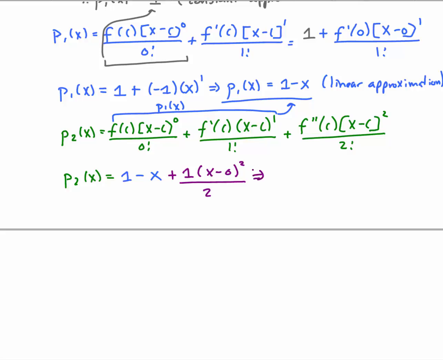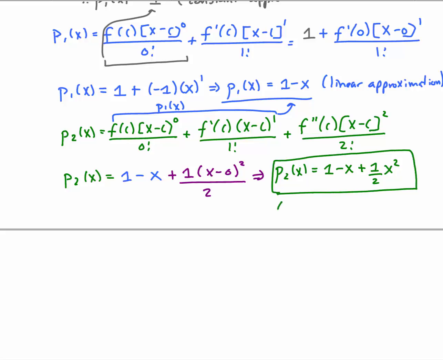So what this ends up looking like then is P2 of x equals 1 minus x plus 1/2 x squared, because x minus 0 is just x quantity squared. Now this is my quadratic approximation, the second degree polynomial.